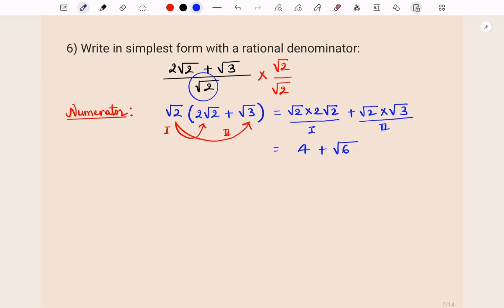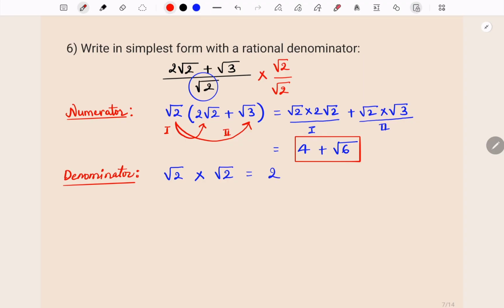Now let's solve the denominator. In the denominator, we have root 2 multiplied by root 2. Root 2 times root 2 is simply 2, right? So we have the numerator and the denominator.